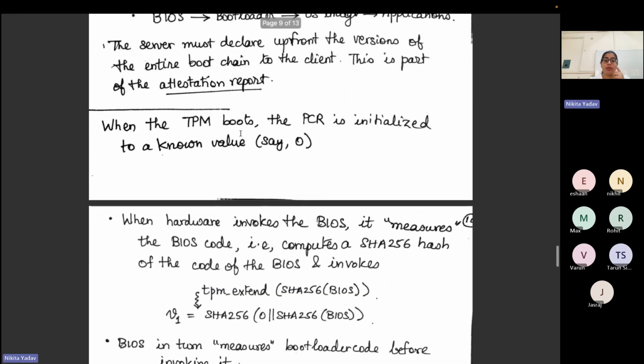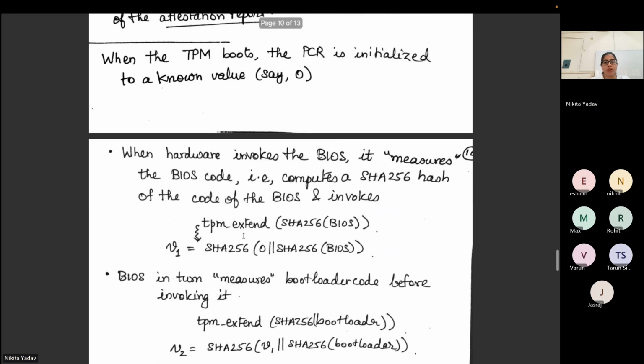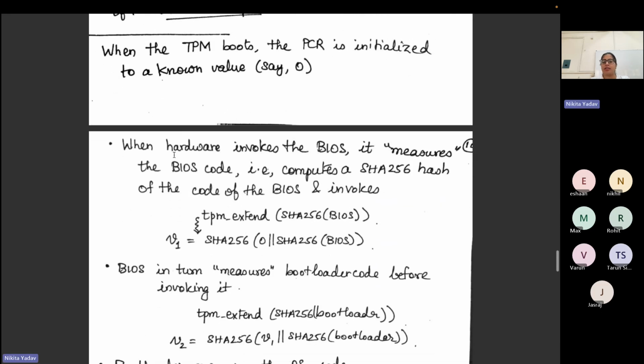Yes, that is right, because you are starting your machine. You're booting your machine, and whenever the TPM boots, basically whenever your machine starts, the PCR is initialized to 0. So your hardware is starting execution.